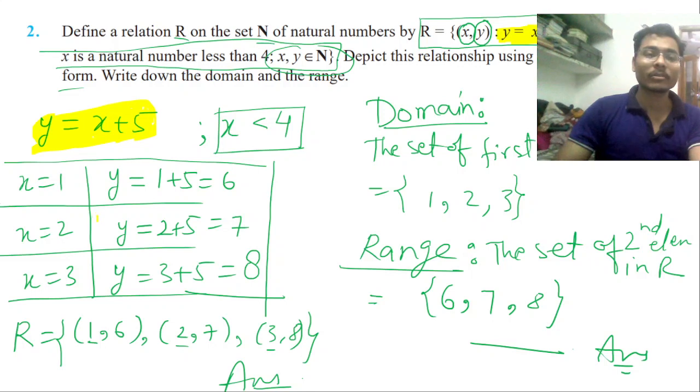So there are only three possibilities: x equals 1, x equals 2, and x equals 3. So we put respectively the values of x, 1, 2 and 3, and find out the values of y: 6, 7, and 8.